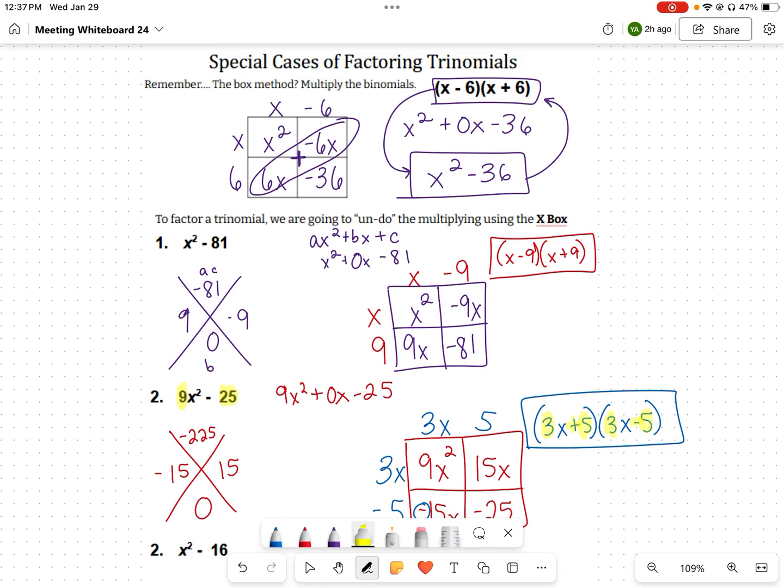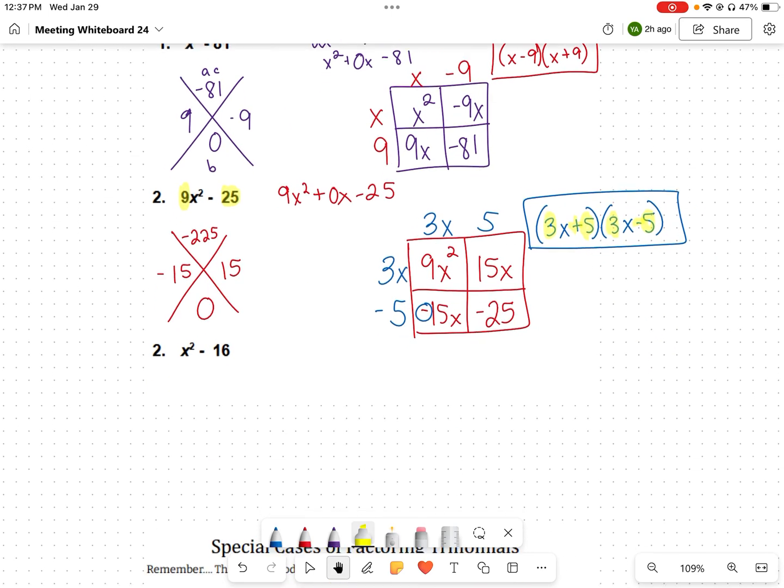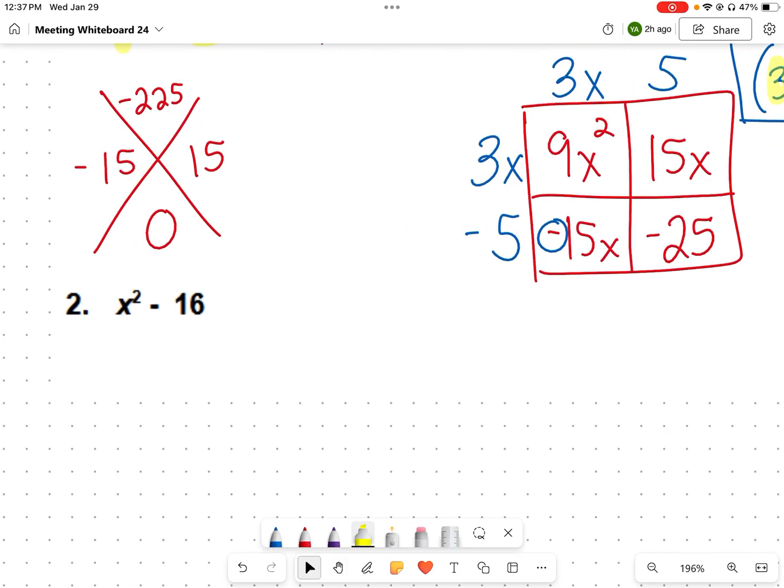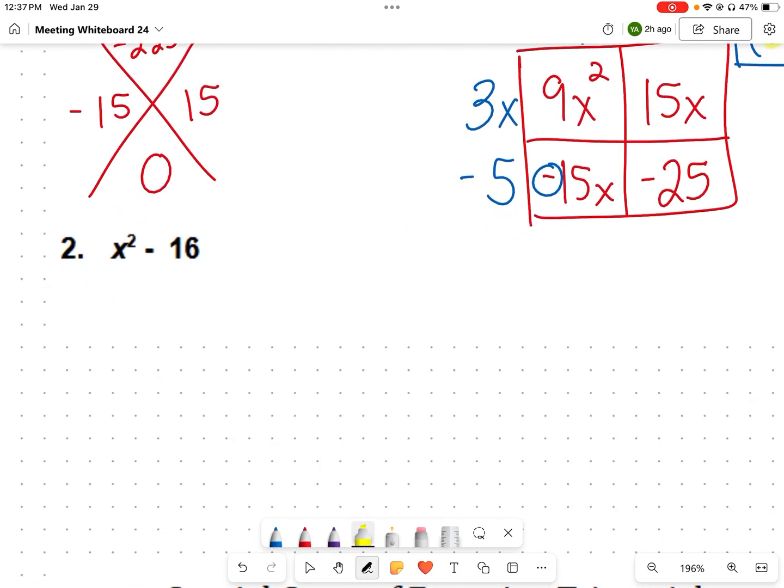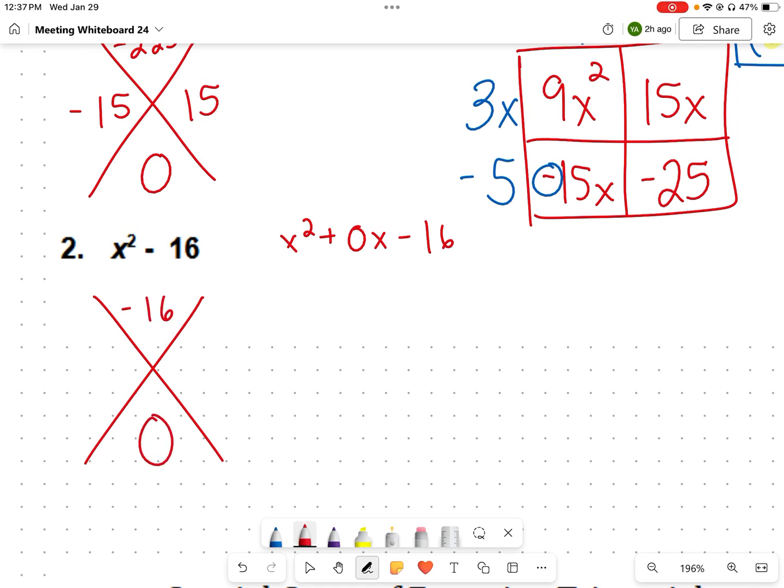Okay, let's go to our last example. It says 2, but it should say 3. X squared minus 16. So this is x squared plus 0x minus 16. A times c is negative 16, and b is 0. So what multiplies to get negative 16 but adds to get 0?